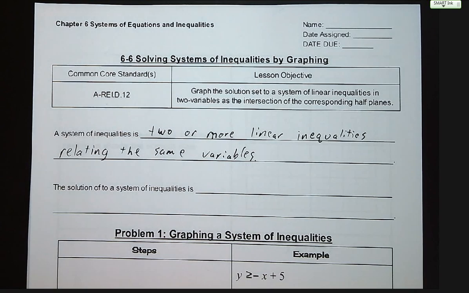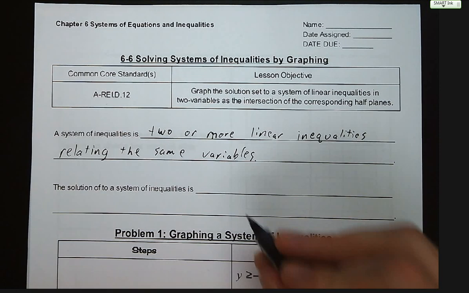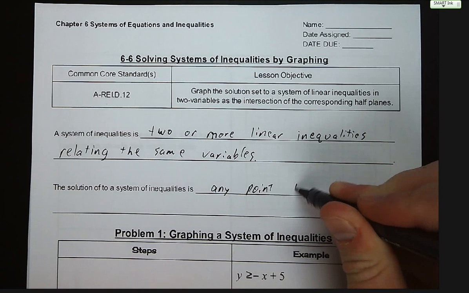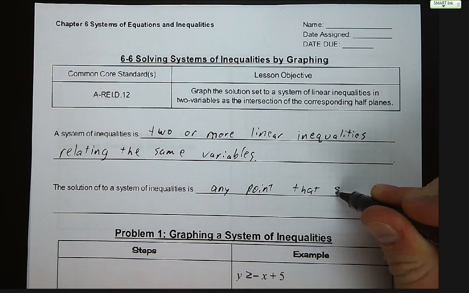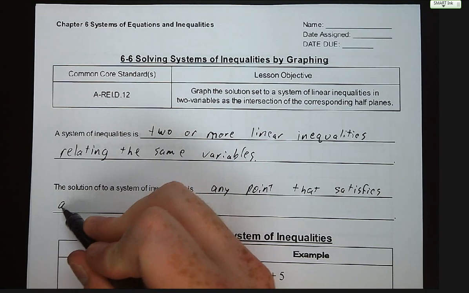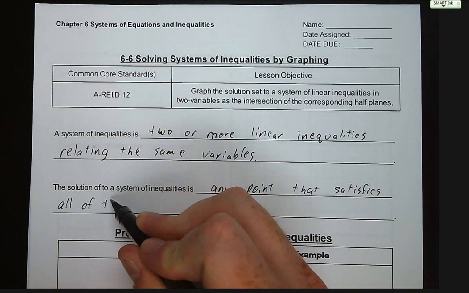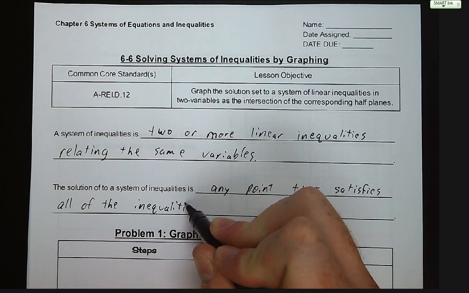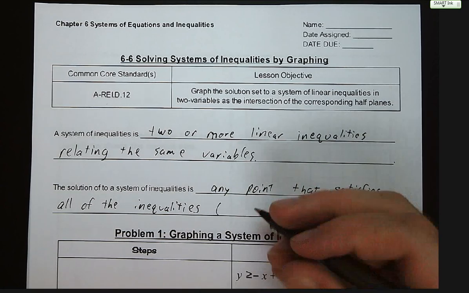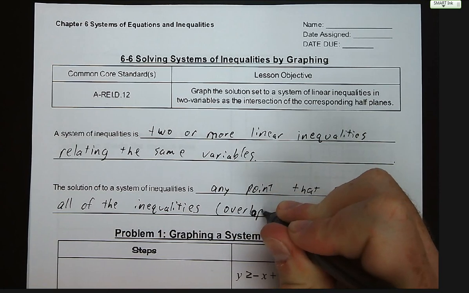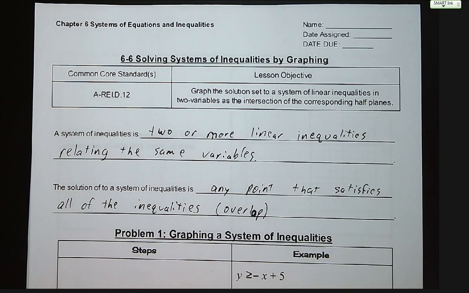And the solution of a system of inequalities is any point that satisfies all of the inequalities. And when it comes to graphing, this is the overlap. And as we get started, you'll understand what I mean by overlap.